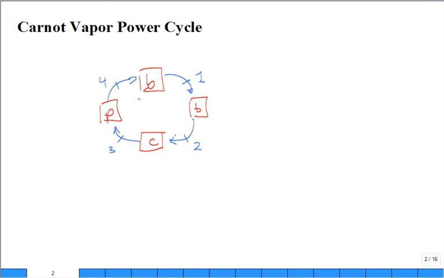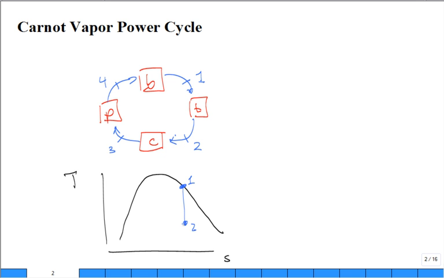Because if you line it up on a property diagram, the temperature entropy diagram, you tuck it under the dome, state 1 upper right, state 2 lower right, state 3, as well as state 4.